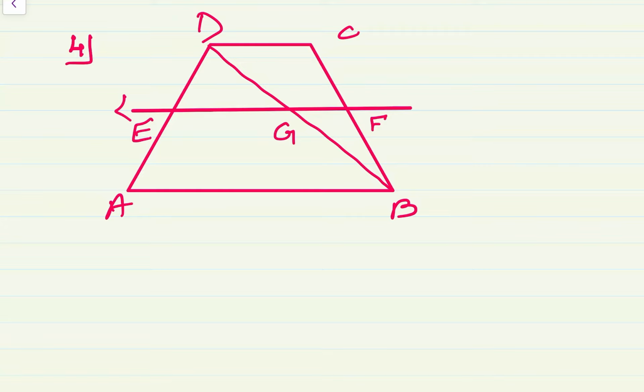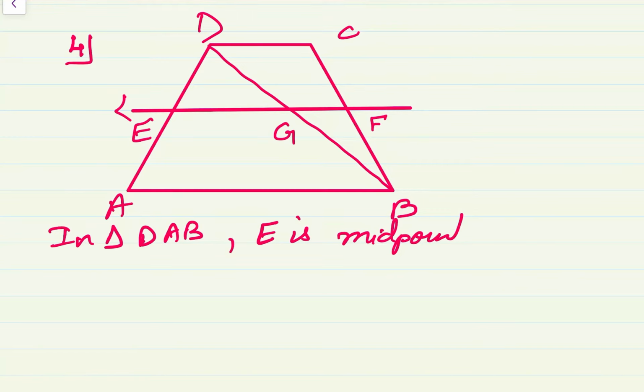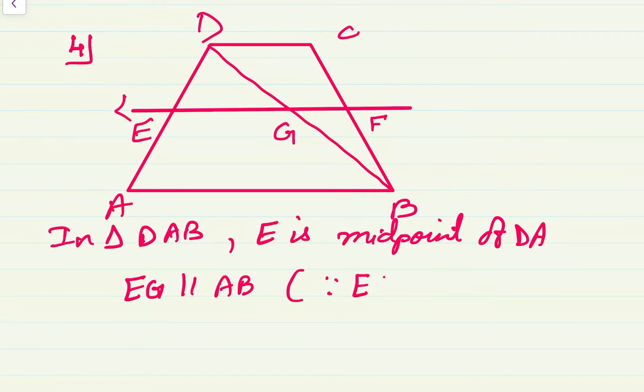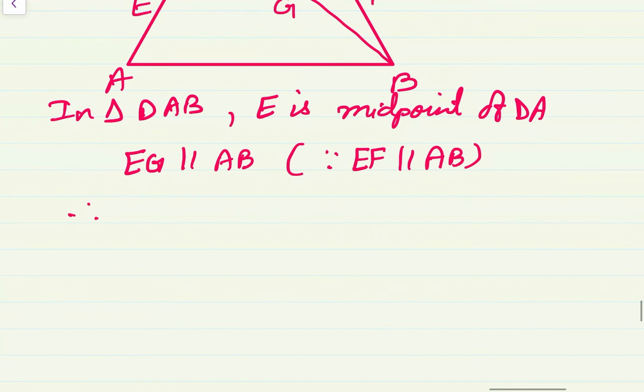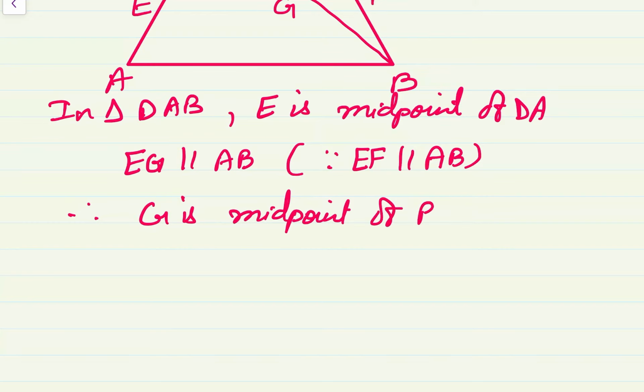Very easy it is. Now here in triangle DAB, E is the midpoint of DA and EG is parallel to AB because EF is parallel to AB. Therefore, according to the converse of the midpoint theorem, G is the midpoint of BD.